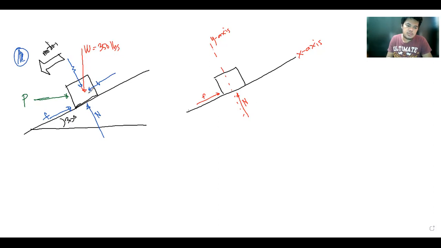So take note that this angle here is equal to 30 degrees. So we can draw a triangle, no? We denote this one to be WX, and then this would be WY.